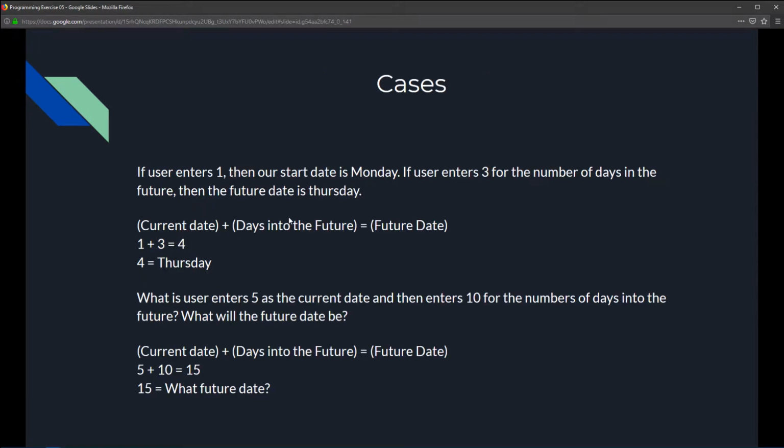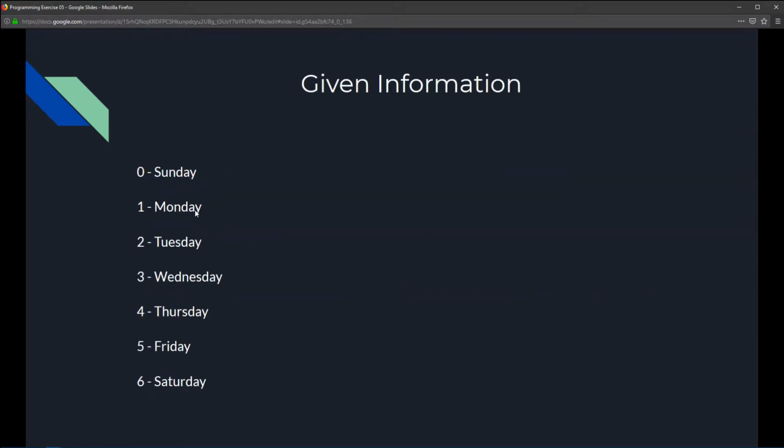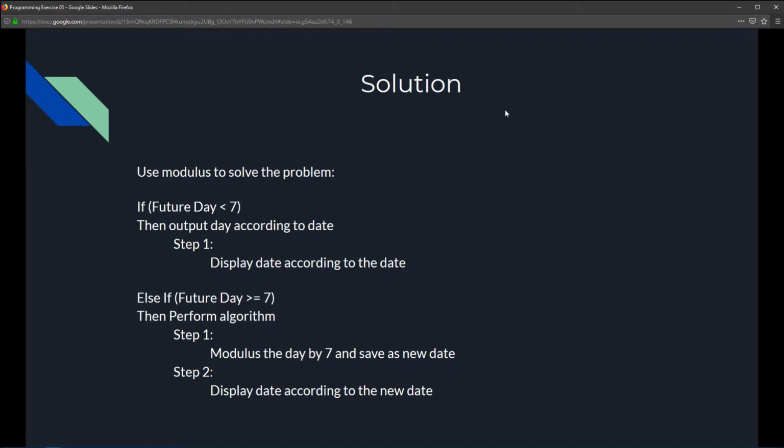But how will we solve for that if we can't match 15 with Monday? But we know this is correct if we were to go in order to the next day of the week. Well, what we could do is simply use modulus to solve this problem.